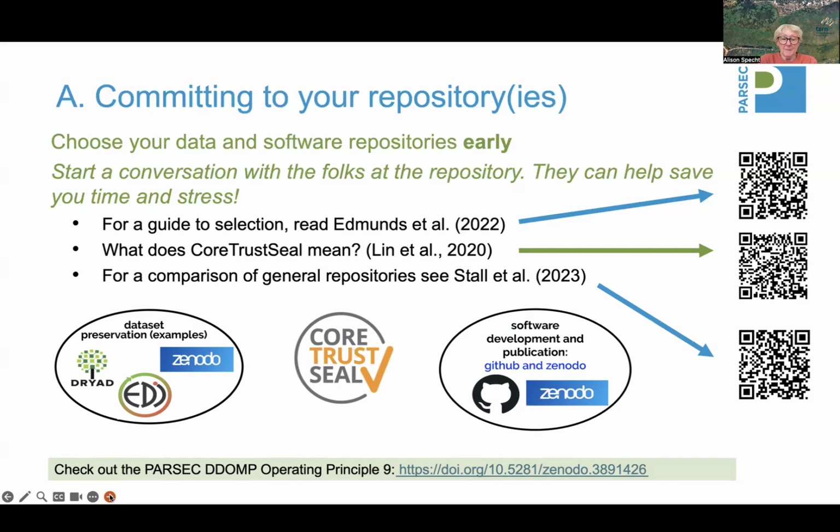Now, in Parsec, and by the way, we've had 2 of those 3 links previously in these modules. Please note, we have in Parsec, we chose a few examples of dataset preservation. Dryad, which is a fairly generalist repository, as is Zenodo. But EDI is a more domain repository, and it has Core Trust Seal certification.